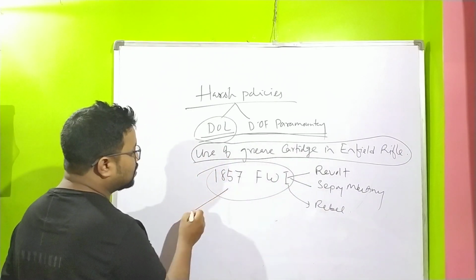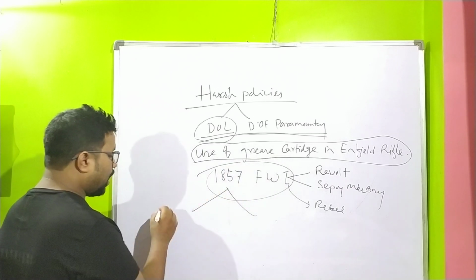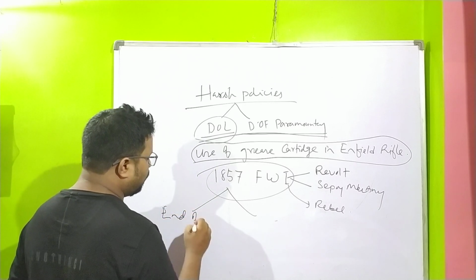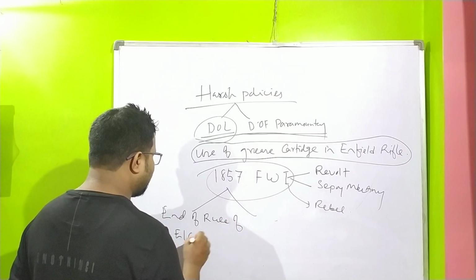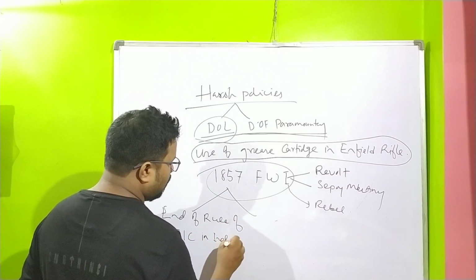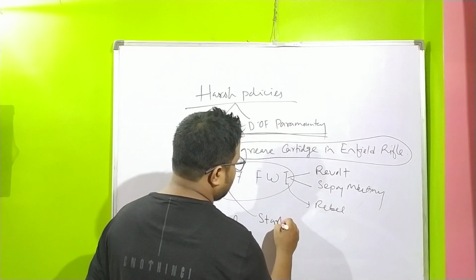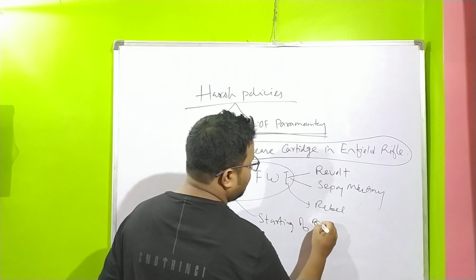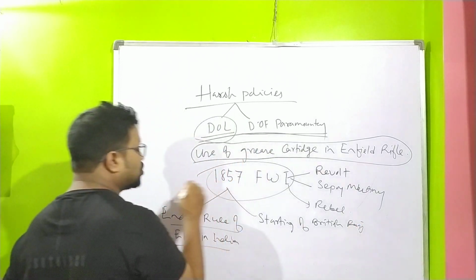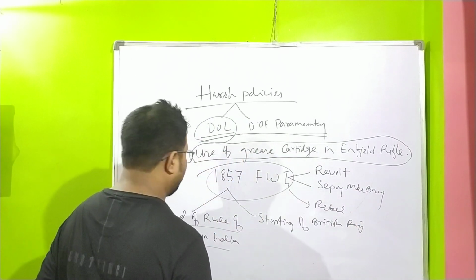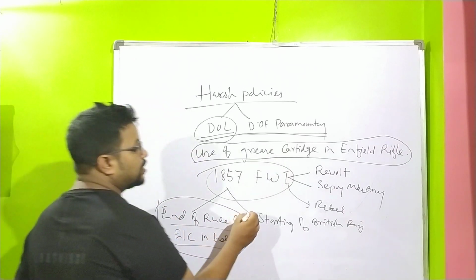And what is the effect or result? The result of the 1857 First War of Independence was the end of the rule of East India Company in India, and the starting of British Raj in India.